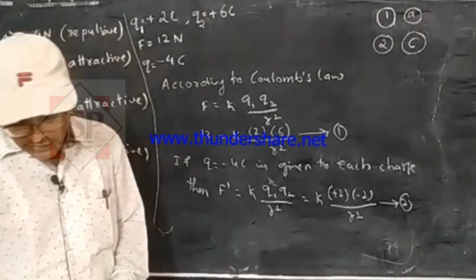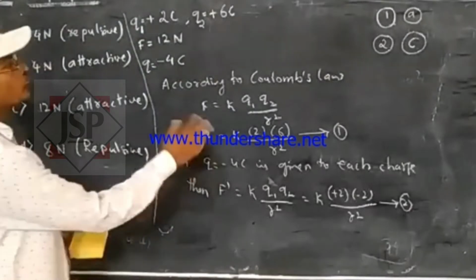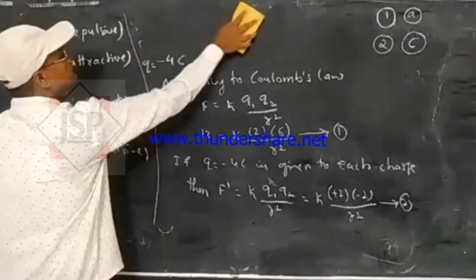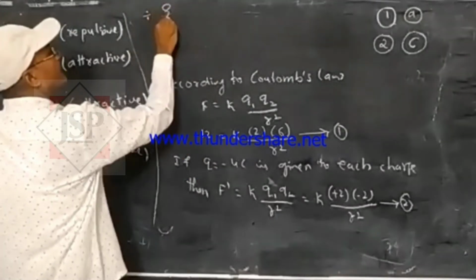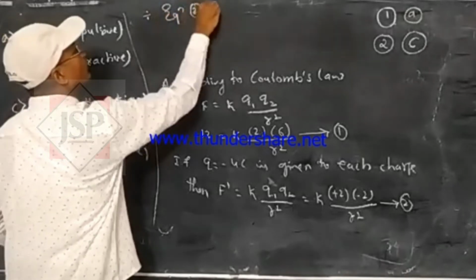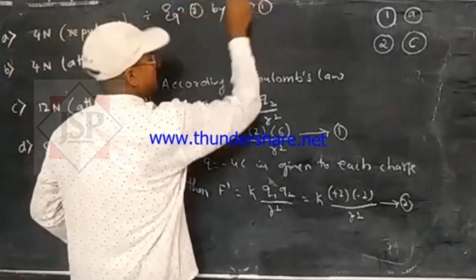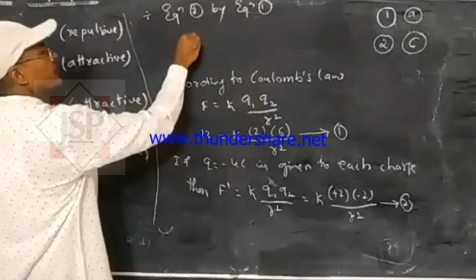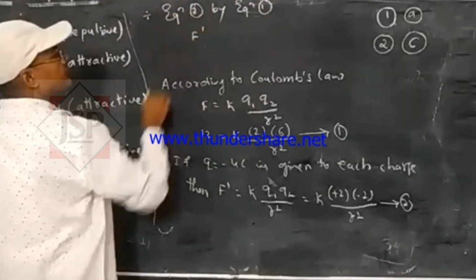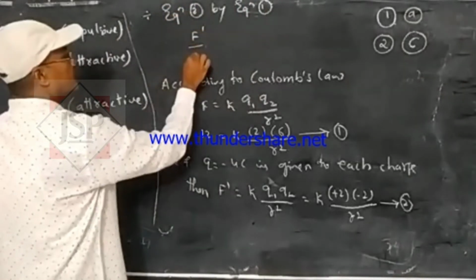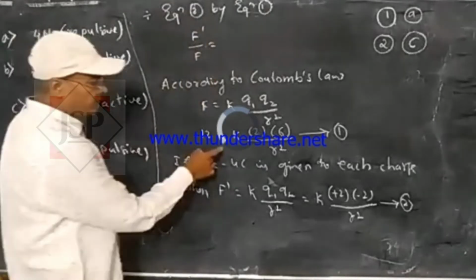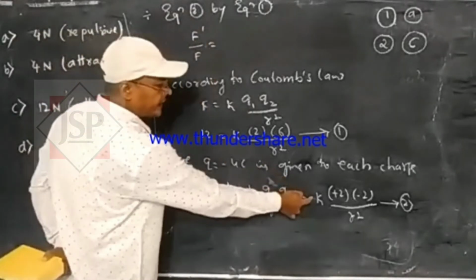Next we are going to divide equation 2 by equation 1. So when you divide, F dash divided by F equal to, you can see that K gets cancelled.